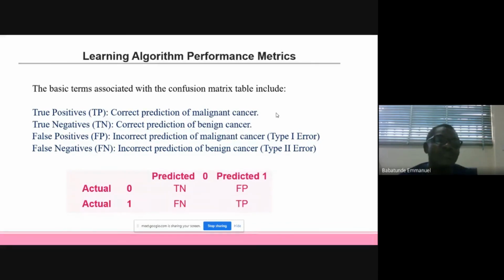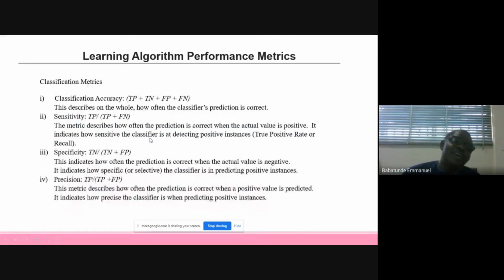Then we also count false negatives, which are incorrect predictions of benign cancer, known as type 2 error. All these are computed together in our matrix as shown here, in the pink or red colored text. On the basis of that, our classification metrics are calculated.